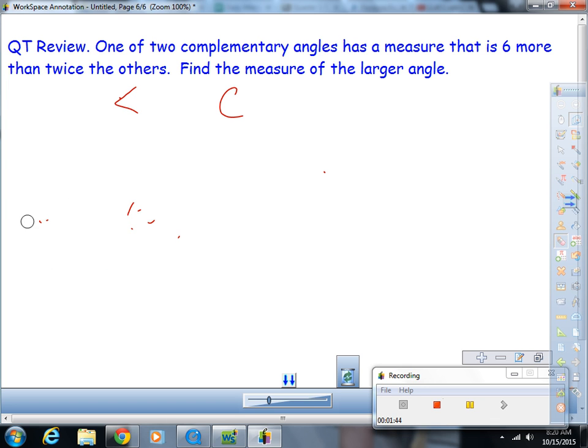One of two complementary angles. So we're going to call one of them x, and what are we going to call the other one? 90 minus x. And do we know which one's bigger? Heck no, we don't. It depends on what? How do we know which one's bigger?